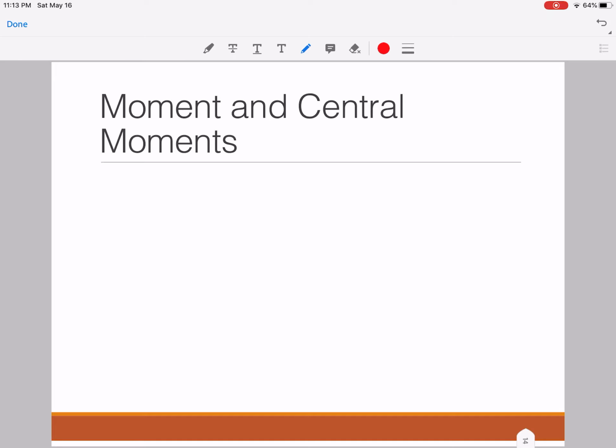In order to make such inferences, we tend to calculate some statistics, and those are moments and central moments. The nth moment of a random variable x is defined as the expected value of x to the n, which is the summation of x to the n times PMF of x for all the values of x that are in the sample space. So by applying this formula, we can calculate the nth moment.